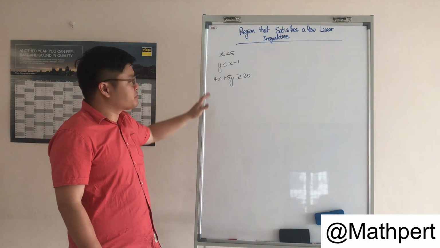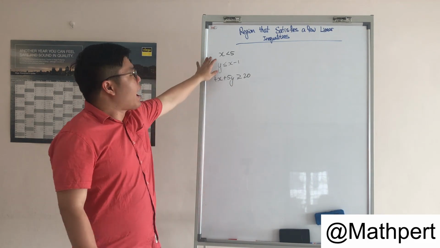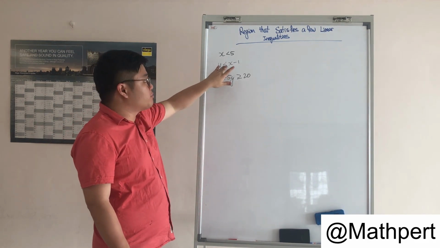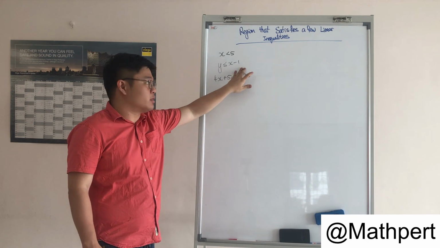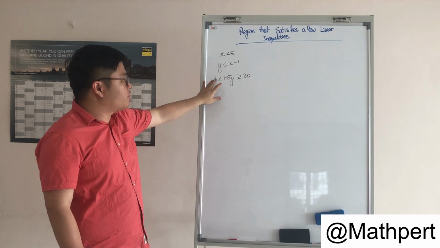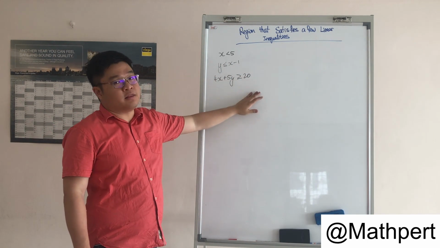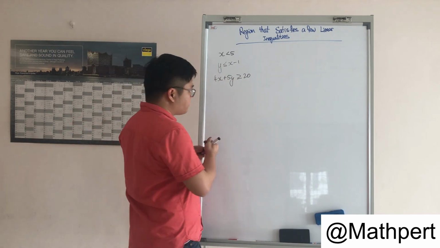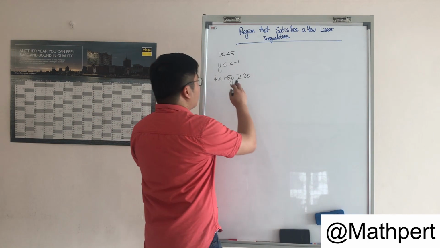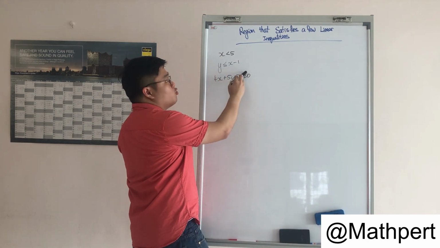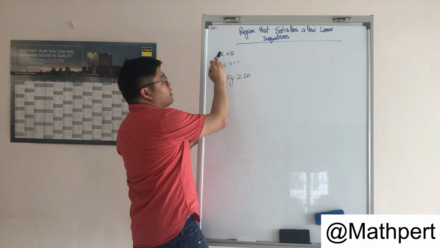Now we are given 3 inequalities and we are asked to find the shaded region. First one, x is smaller than 5. Second one, y is smaller than or equal to x minus 1. Last one is 4x plus 5y greater than or equal to 20. First step, let's find out the second inequality because this one is very straightforward.